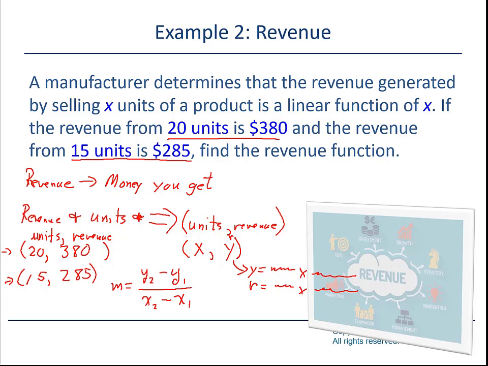That will give us the slope. Now, slope isn't just a number. In this case, since there's revenue on the top and units on the bottom, the slope will represent how much revenue you get per unit.